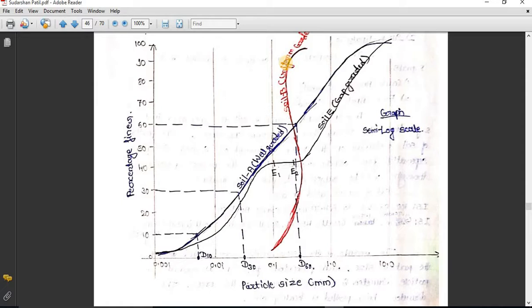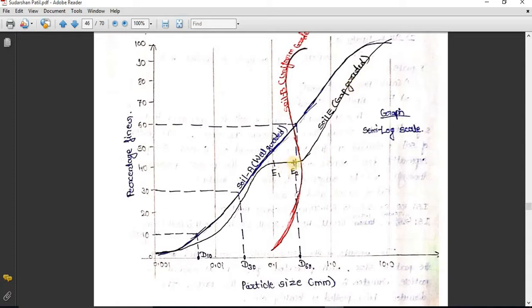Means all the sizes of particles are almost the same. That is why the particle sizes of this particular size are absent and particle sizes of this particular size are absent. Only the sizes between 0.1 to 0.15 are present. So those are almost the same. So it is called uniformly graded.